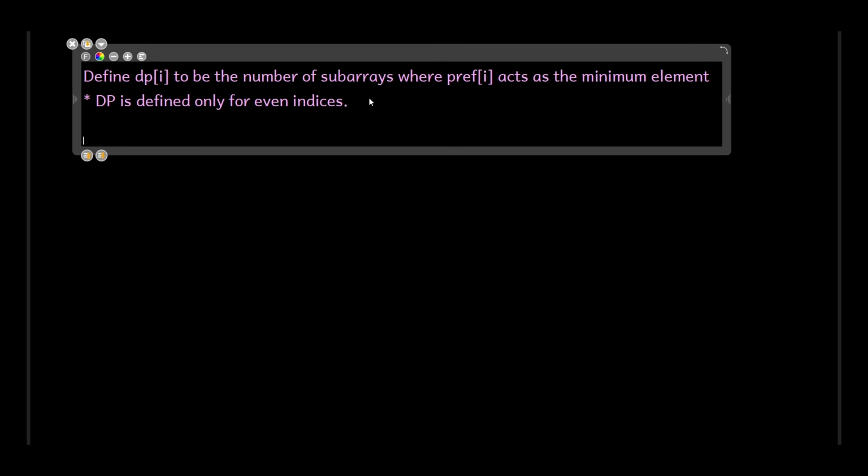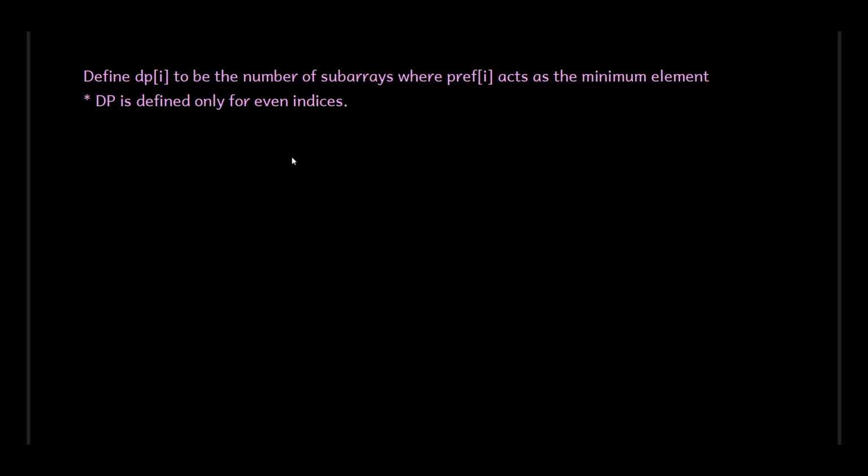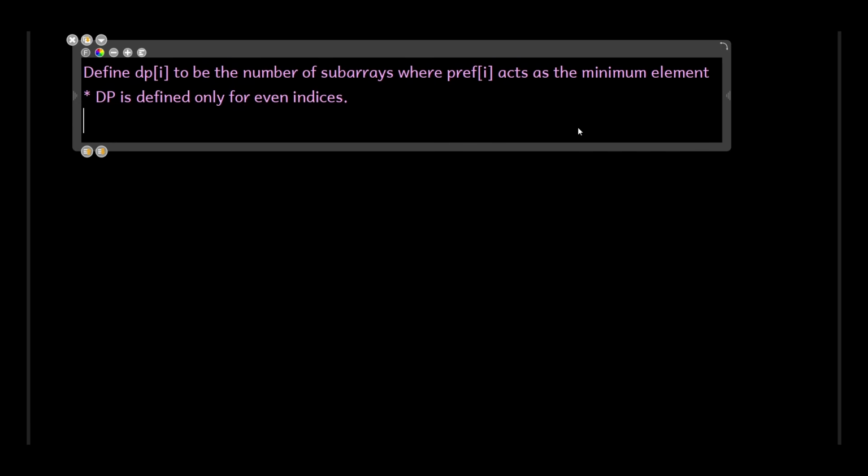How do you populate DP of I? You can do something like this: collect all prefix values at the odd indices, and you want to pair it up with an even index.